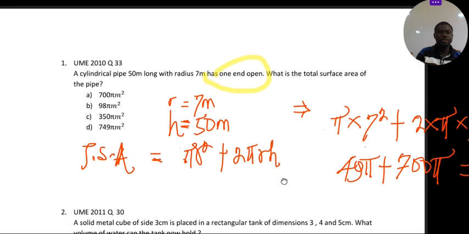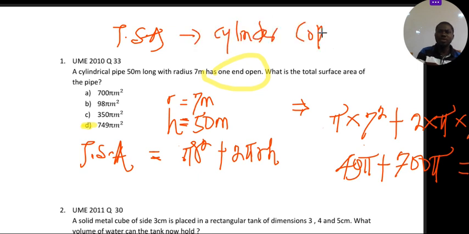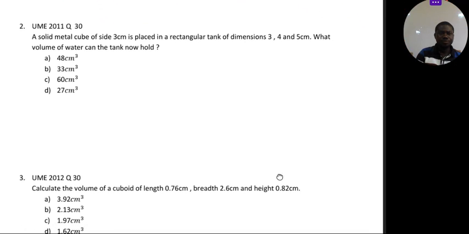Let's check the right choice. So option D, total surface area for a cylindrical pipe open at one end, cylinder open at one of the ends. Okay, that's quite easy, straightforward. Let's move on.